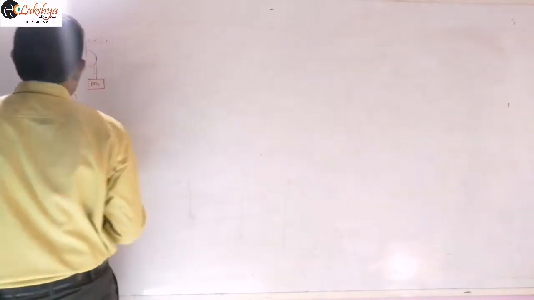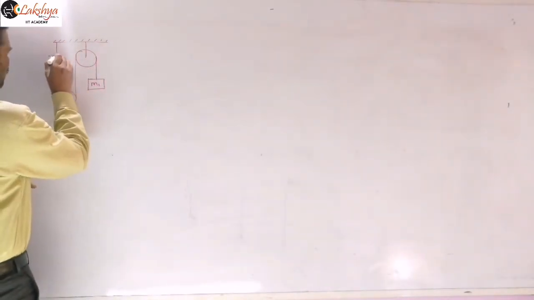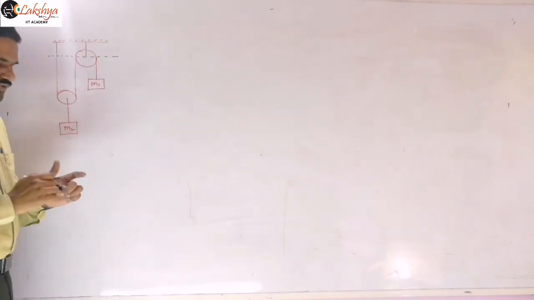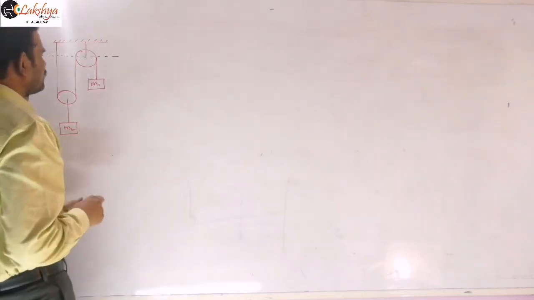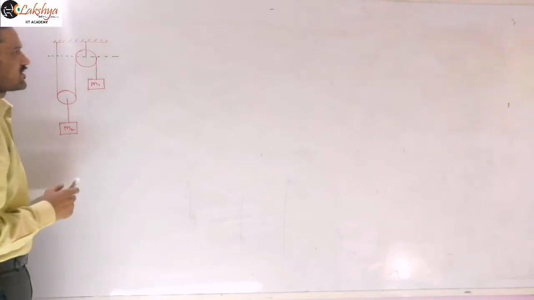So now let us consider first the length method. Let us consider a reference here. Suppose I am taking this as a reference. The problem says: in the system shown in the figure, find the acceleration of the blocks and the tension in the string. So that is our reference. Now you need to consider variables here.